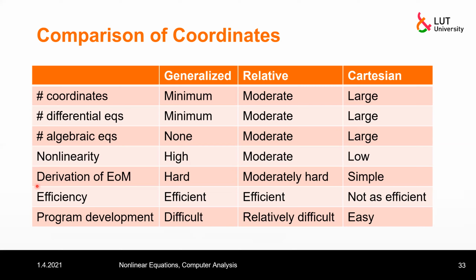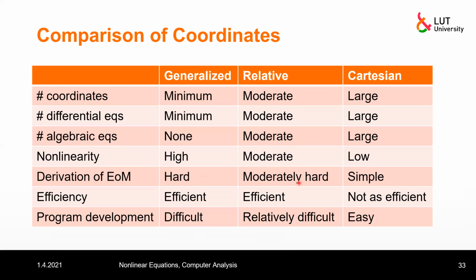All these characteristics lead to this: the derivation of the equations of motion is hard for generalized coordinates in the general case. It's reasonably easy to do for a four-bar linkage, but with a full car or a train, forcing the computer to generate these equations is quite tricky.